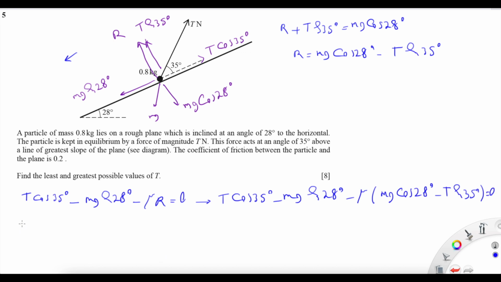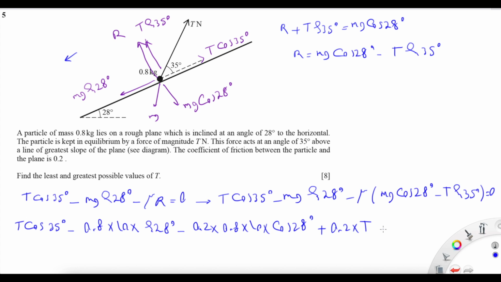So I replace the values. It will become T cosine 35 degrees minus m, which is 0.8, times 10 times sine 28 degrees minus mu, which is 0.2, times m, which was 0.8, times 10 times cosine 28 minus, again mu times this, which will become then positive 0.2 times T times sine 35 degrees is equal to 0.